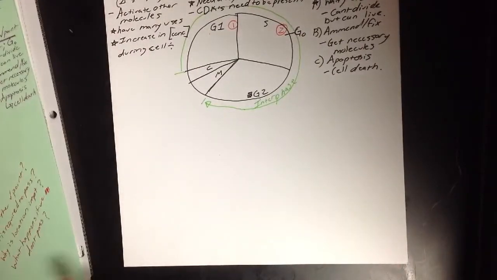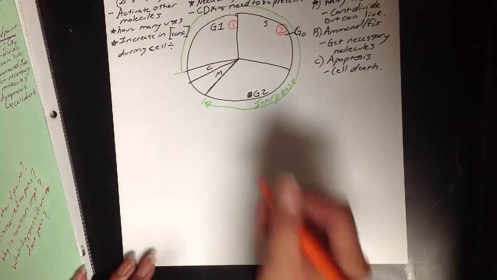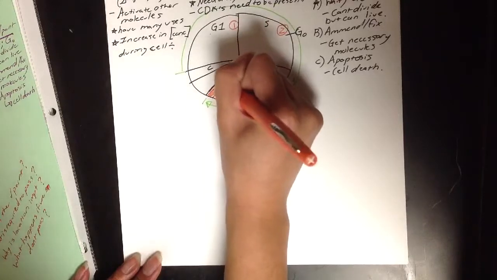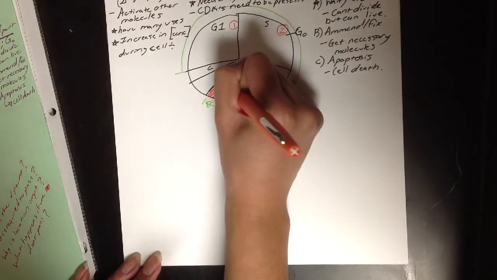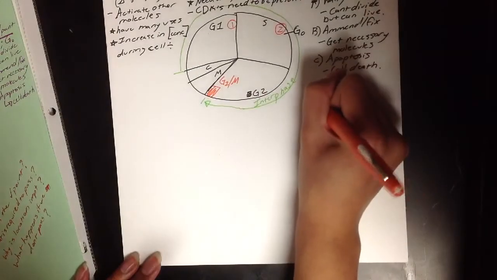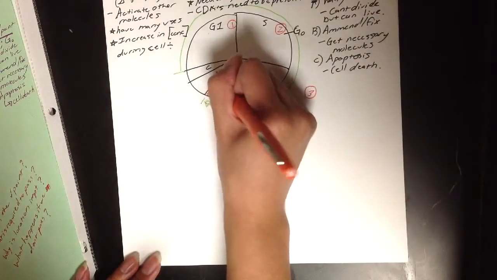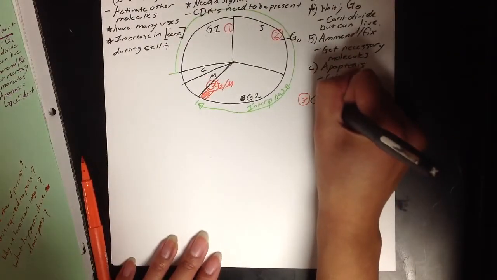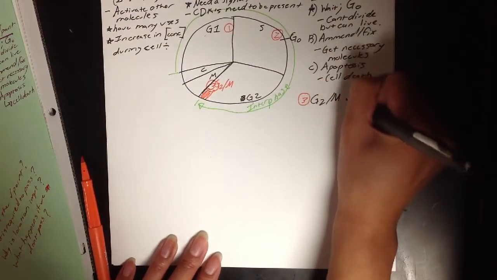From there, we have a couple of more checkpoints. We have what's known as the G2M checkpoint. And so we'll write this over here. And I really should just put a 3 right here. So we have the G2M checkpoint.